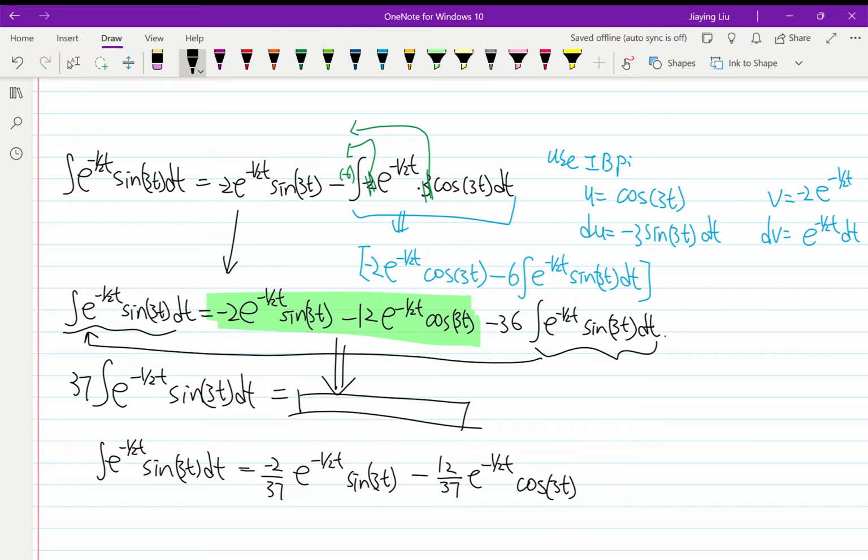You probably wonder, can we factor out an e to the negative 1/2 t? Absolutely, if that's what you want to do, to make it easier to write.